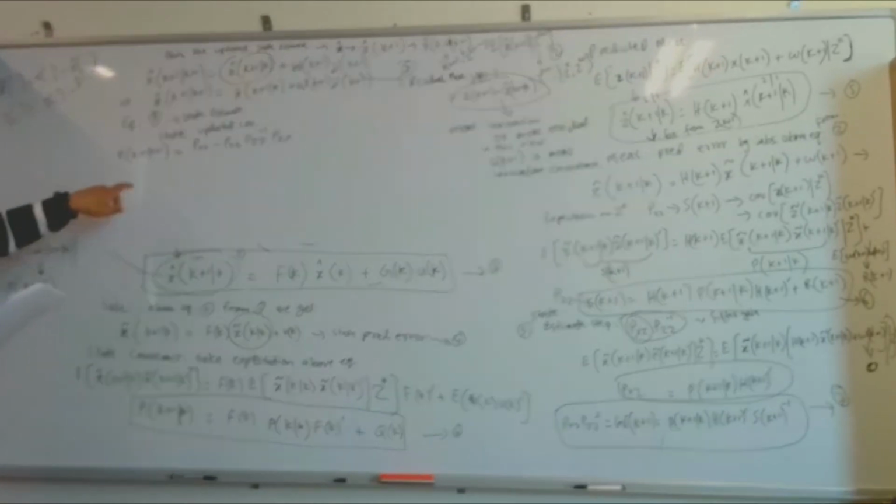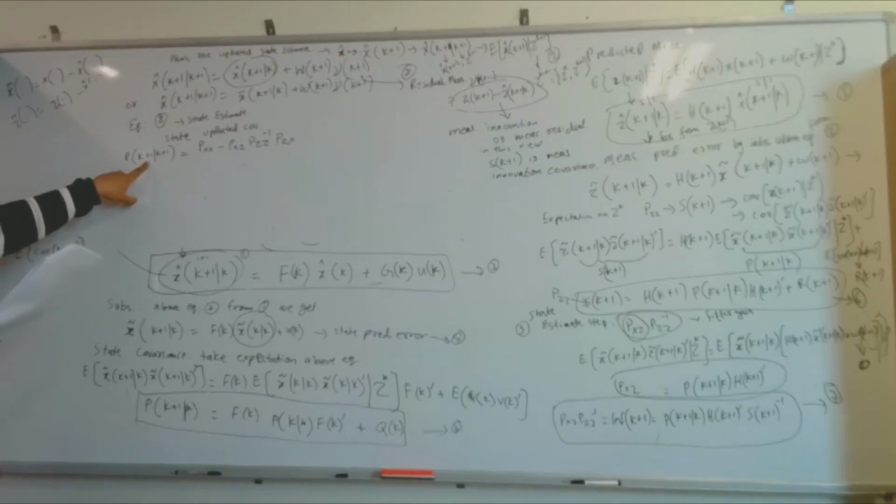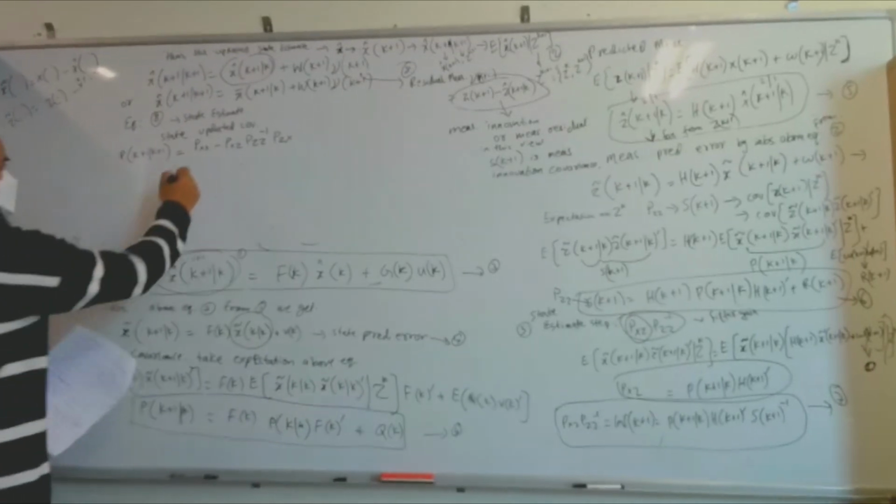So this is the formula for calculating the state update covariance.